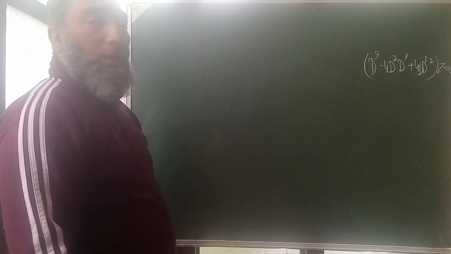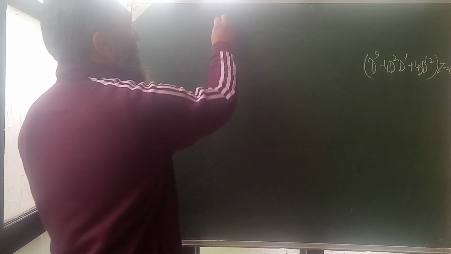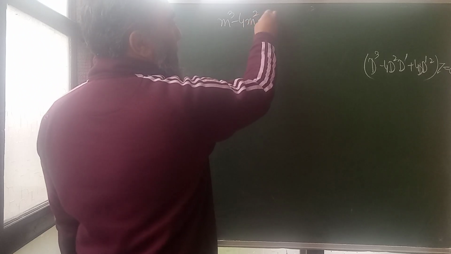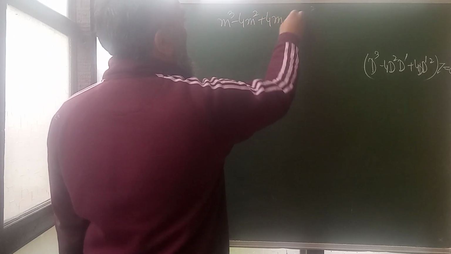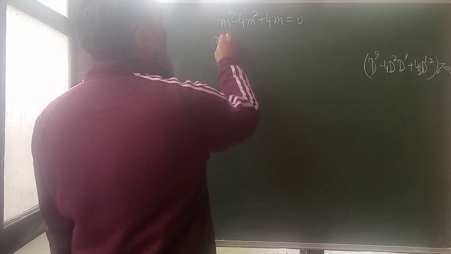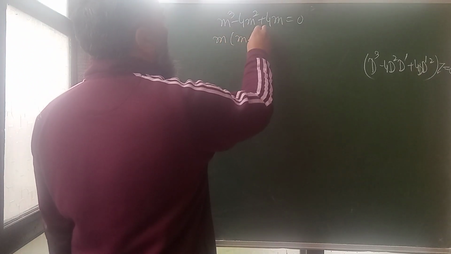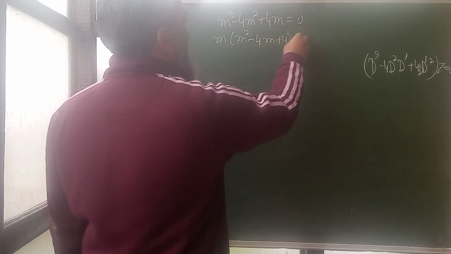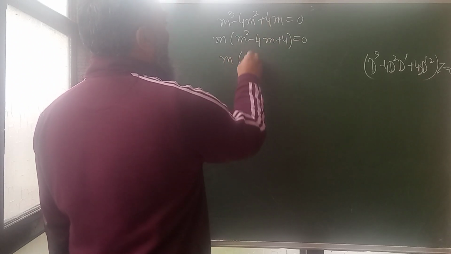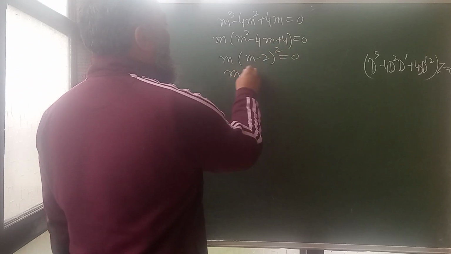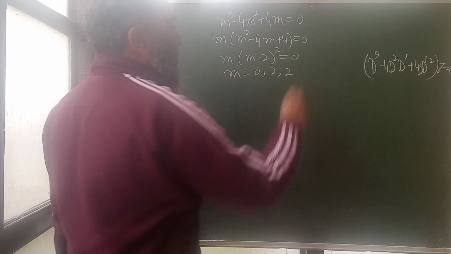So replace D by m and D' by 1. The auxiliary equation is m³ - 4m² + 4m equal to 0. So m(m² - 4m + 4) equals 0, so m(m - 2)² equals 0. So m is 0, 2 and 2.